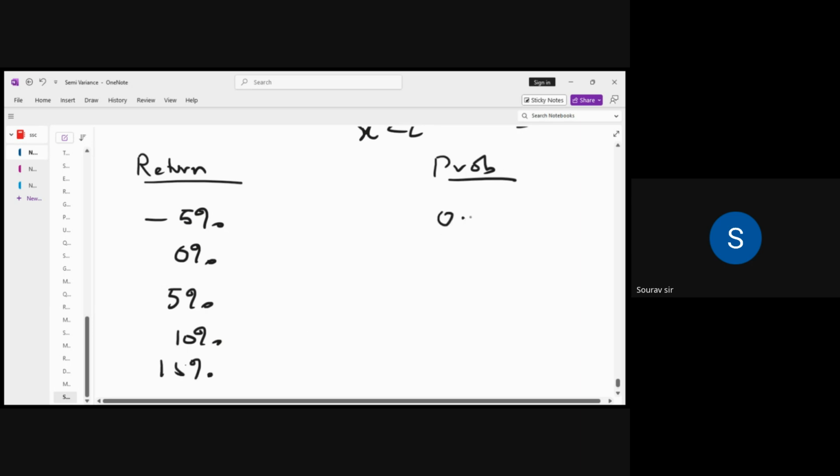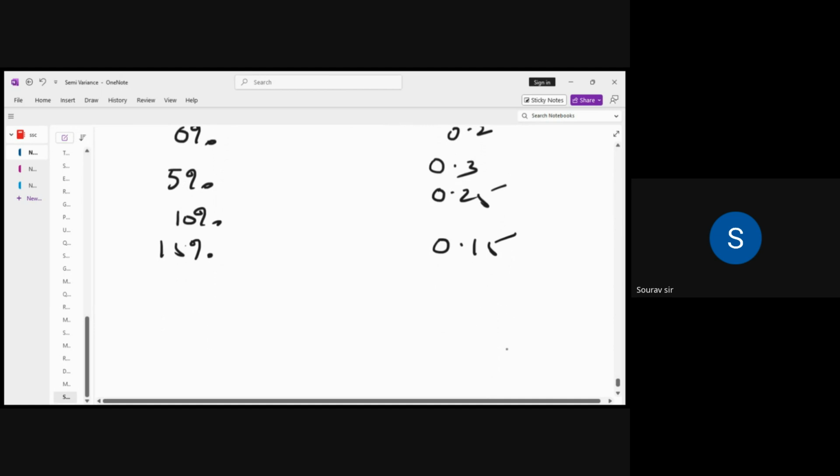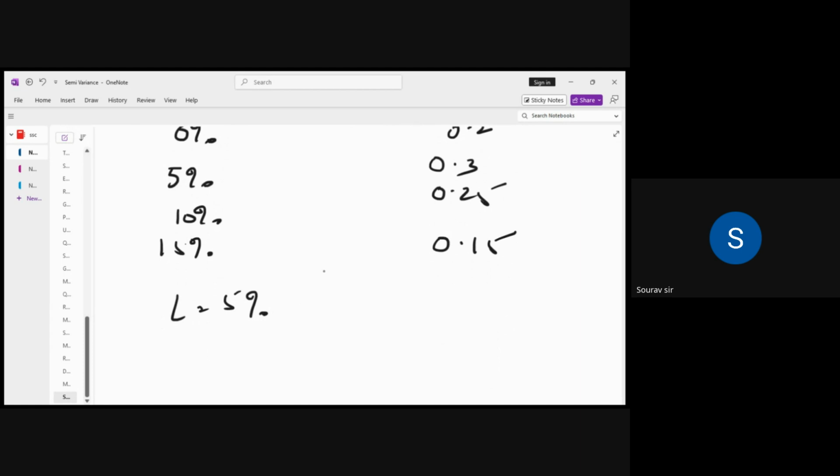The probabilities are 0.1, 0.2, 0.3, 0.25, 0.15. What is my benchmark here? I have not given you any benchmark till now. So this is the question only.